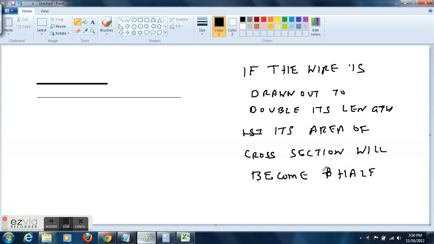So this is the most interesting point of this solution. So now let us see what is happening. So length will become 2L because length has become double, and area of cross section will be half. A will become half of A.